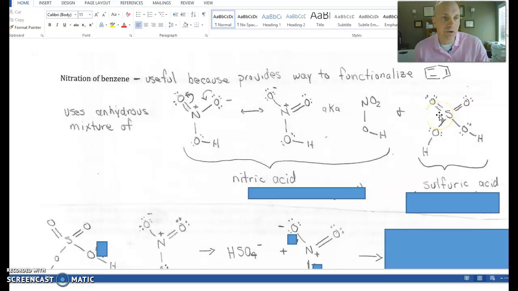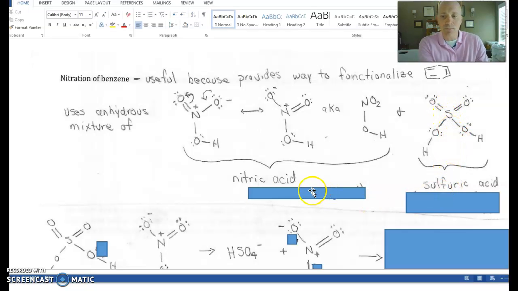Remember, sulfur is one of those atoms that can exceed its octet, and it does that because it's a third row, or third period, element, and it's got available d orbitals that it can use to make those bonds. I actually talked about this in an earlier video, and I'll put a link to that video where it talks about how some molecules can do that.